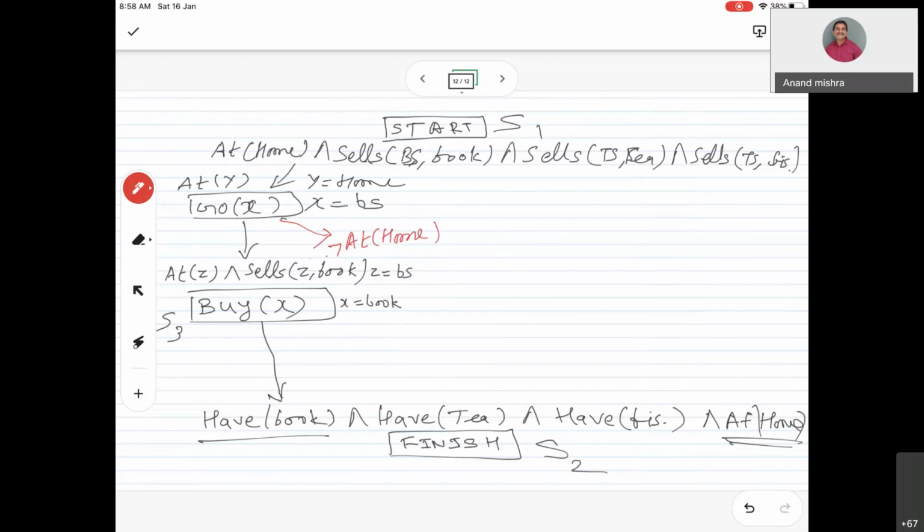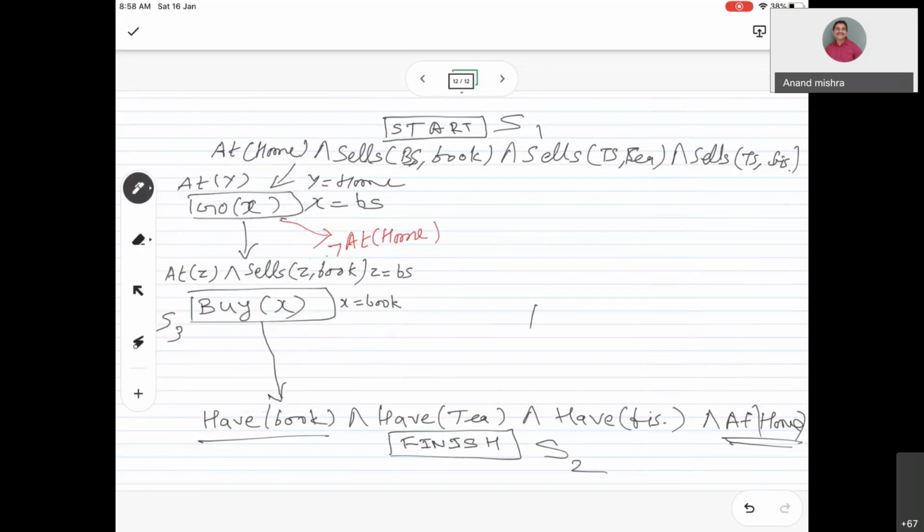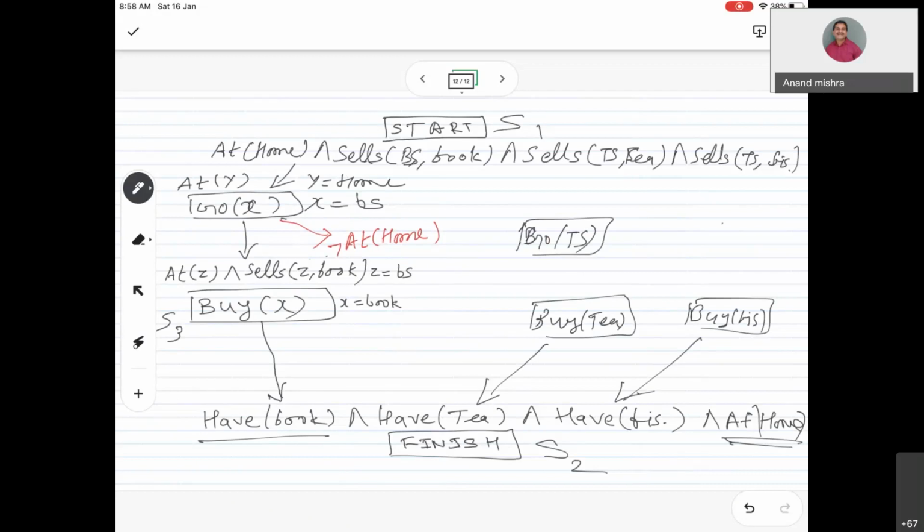So we can draw the other parts. The other part will be like you will have buy tea, buy biscuit, and this will be satisfying this, and for buying this you need to go to tea store.